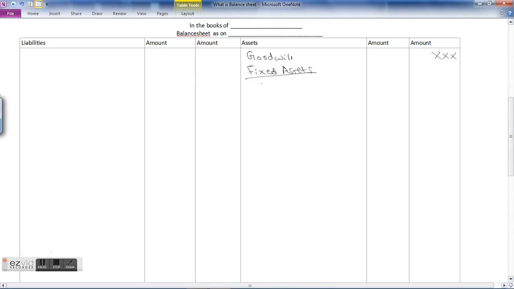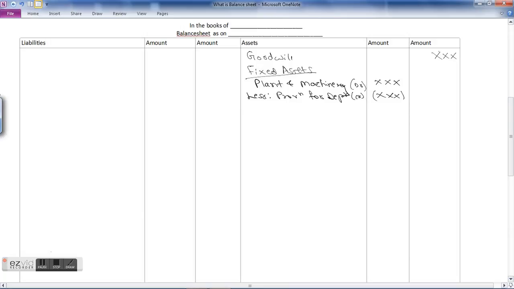So what you do is fixed assets, for example if you have plant and machinery, now that plant and machinery, your cost will come here less your provision for depreciation. Now the plant and machinery account will be showing a debit balance, and this provision for depreciation will be showing a credit balance. Provision for depreciation is nothing but the accumulated depreciation of that particular plant and machinery till date.